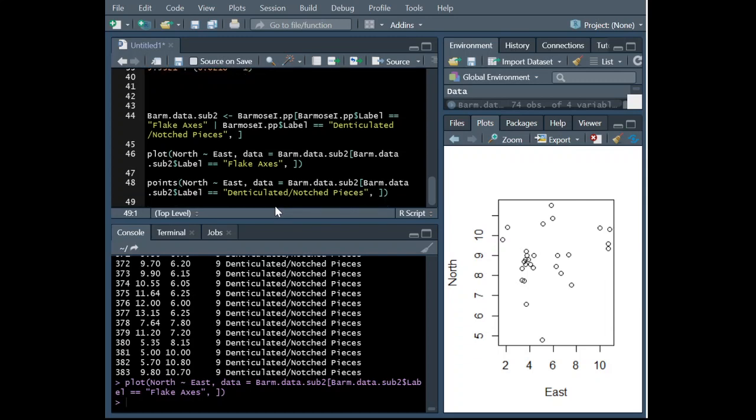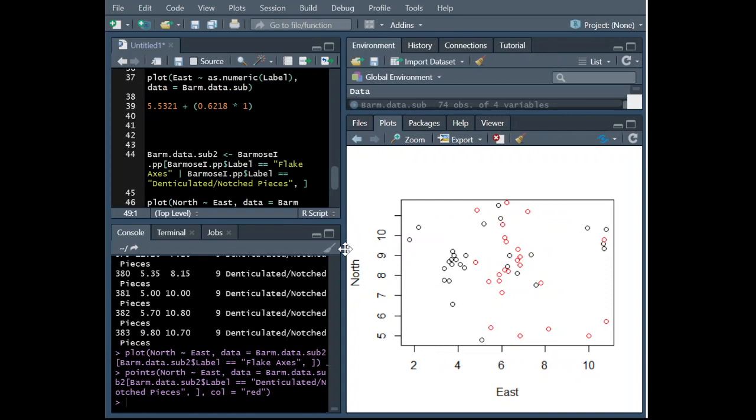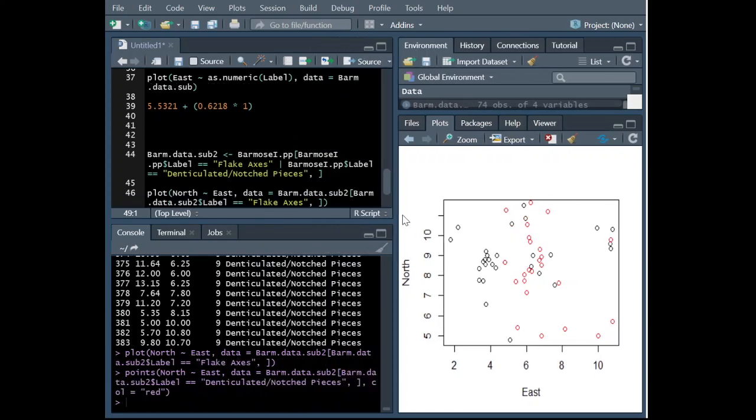And I want to add that color argument to separate them. Color equals red. So now that I've done this, you can see that we've got the flake axes in black, the DN pieces in red, and the distribution of these artifact types across this site.